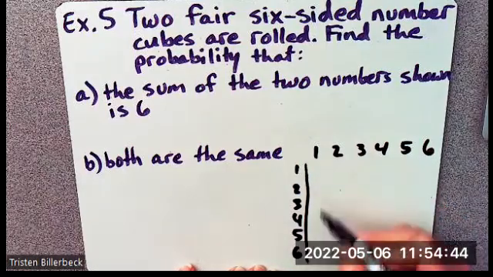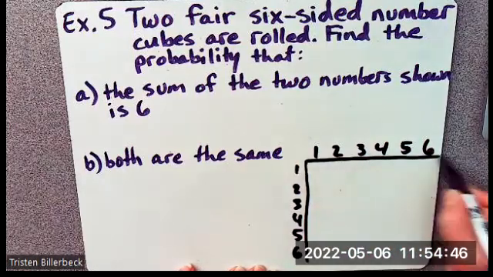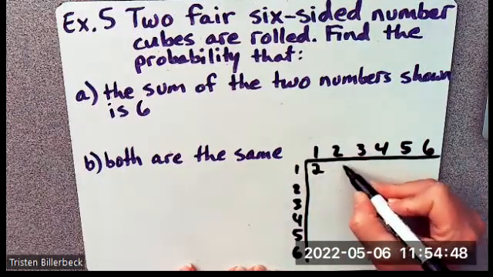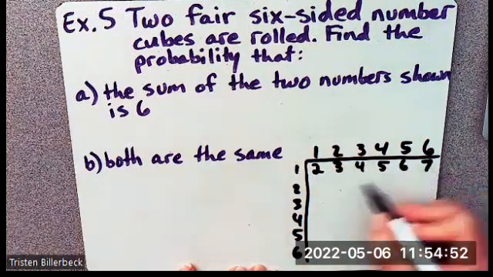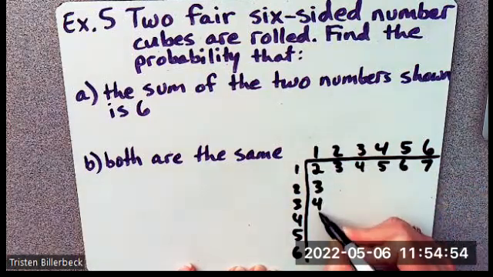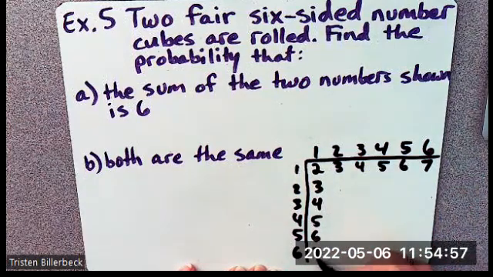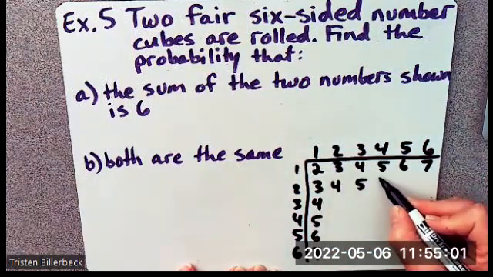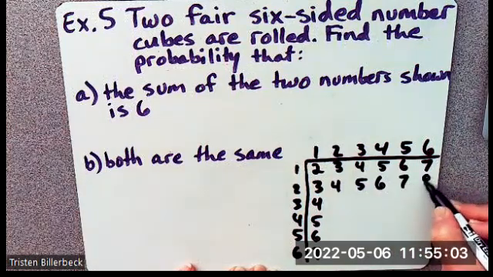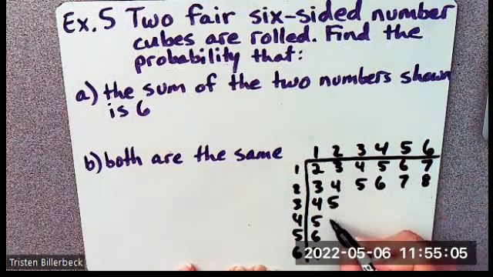So if we look at these and figure out what would be the sum: 2, 3, 4, 5, 6, 7, then 3, 4, 5, 6, 7, and then 4, 5, 6, 7, 8, 5, 6, 7, 8.